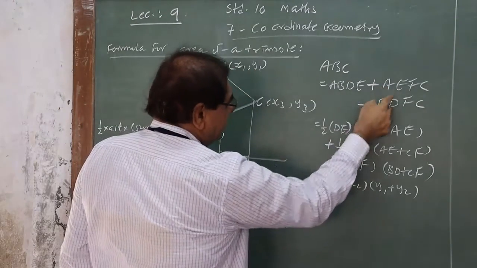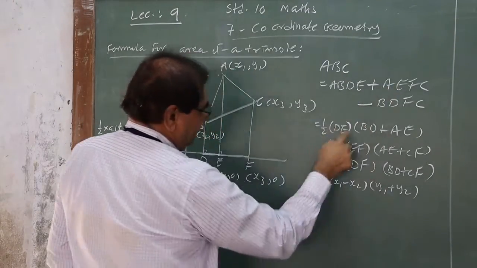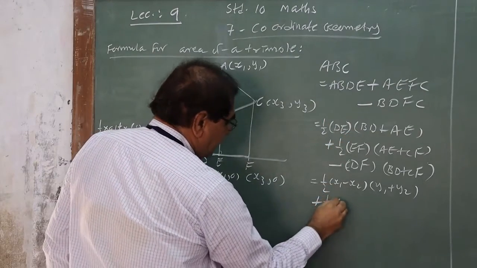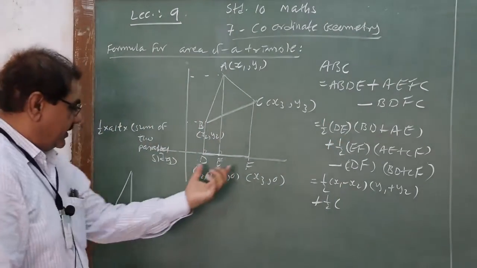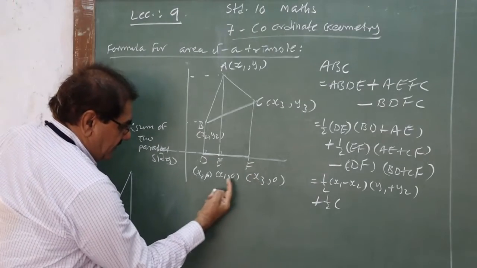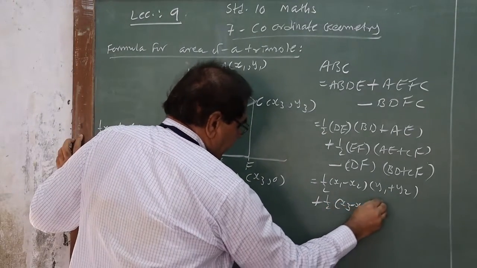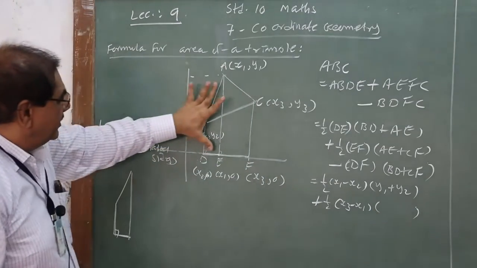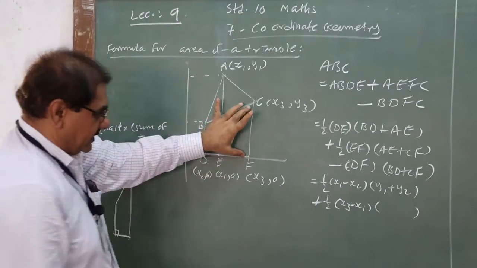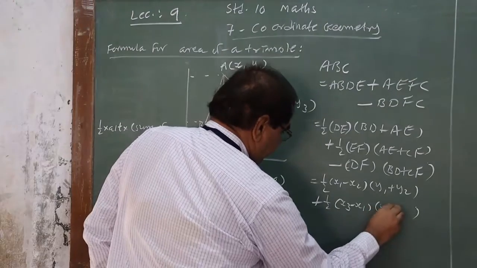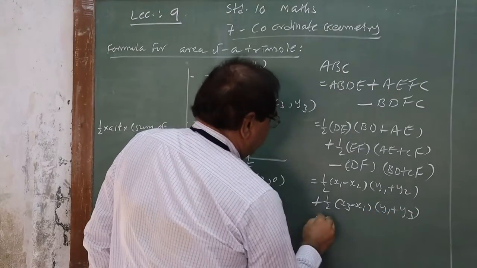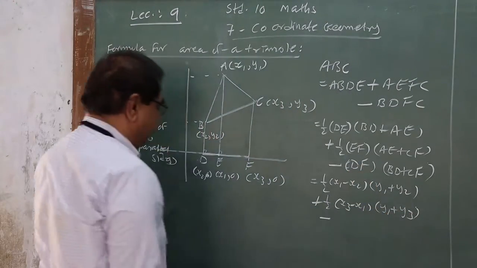Plus second is AEFC. So it is 1/2, and now it is EF. EF is what? x3 minus x1. And the sum of the two altitudes y1 plus y3, minus the third one, DF.